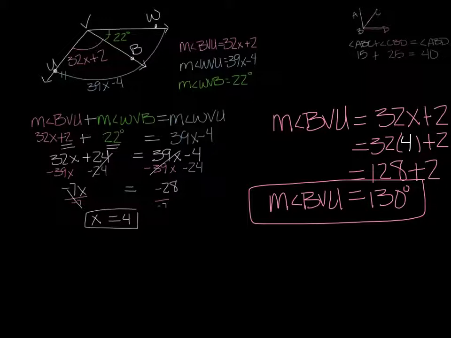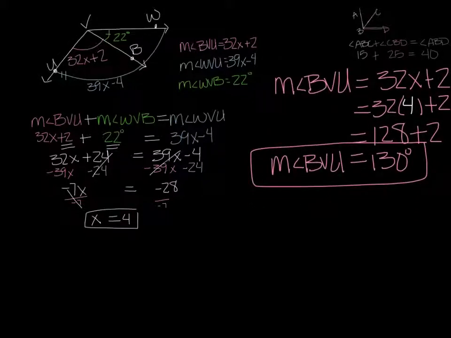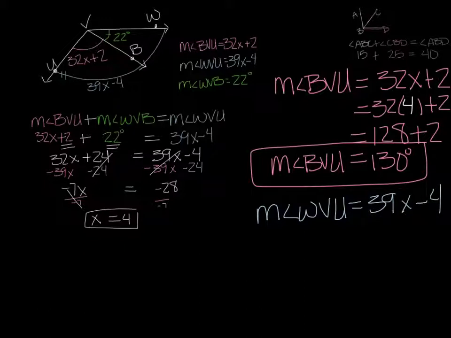Let's look at the next one, which is the measure of angle WVU, defined as 39x minus 4.